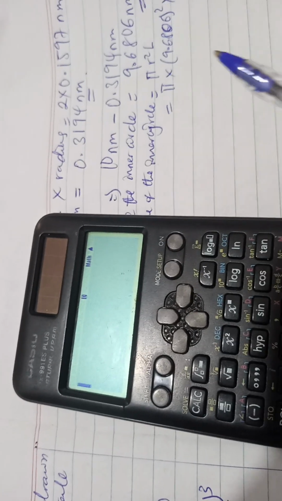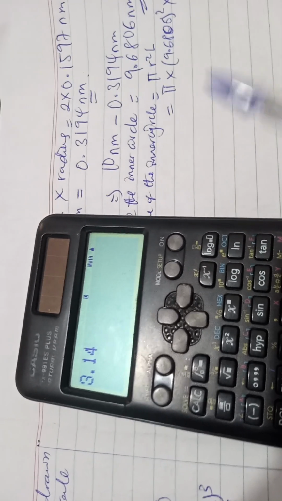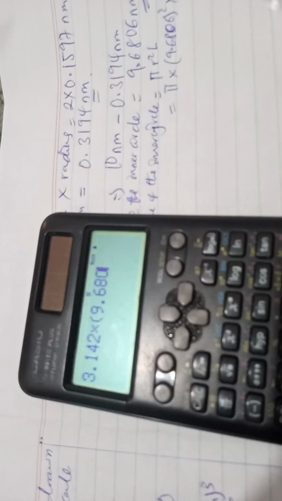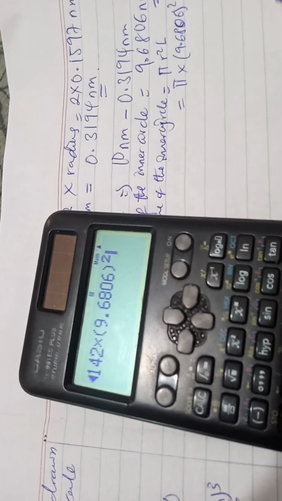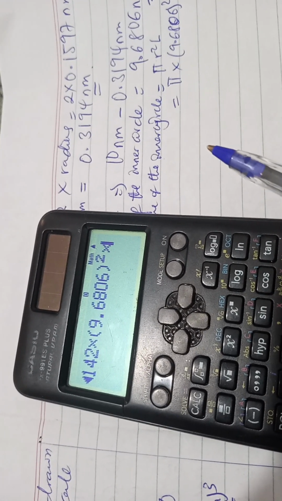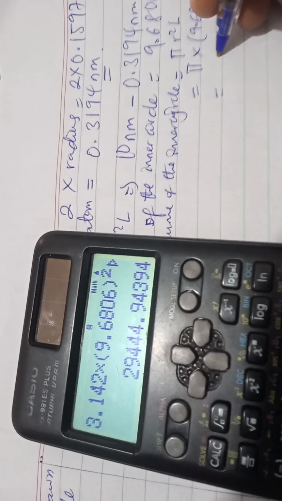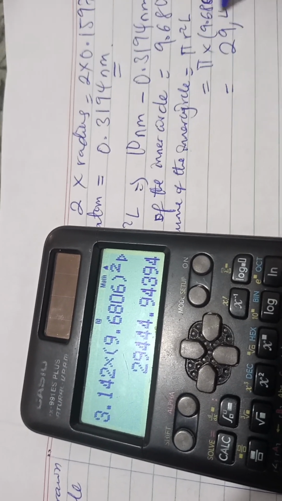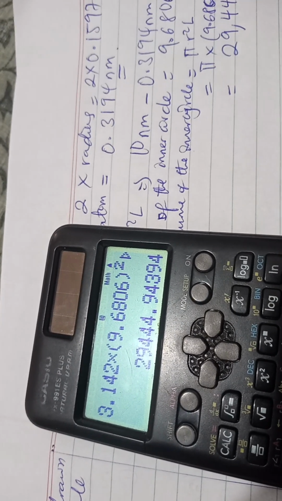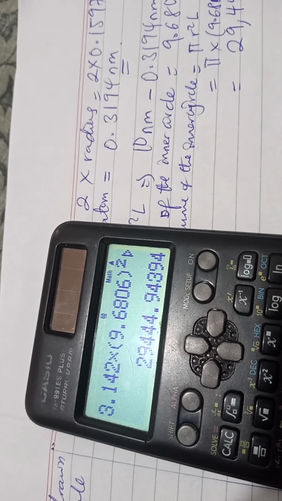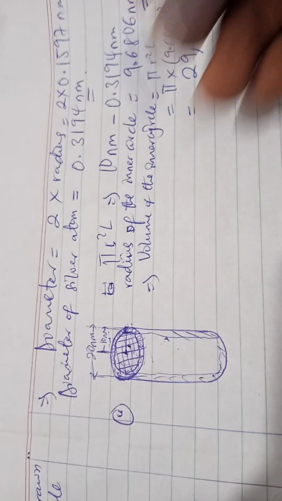Let me go through it here. 3.142 times 9.6806 squared times 100. Okay, so it's confirmed: 29,444.944 nanometers cubed, because it's volume.